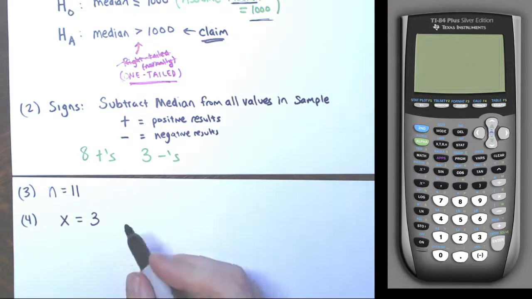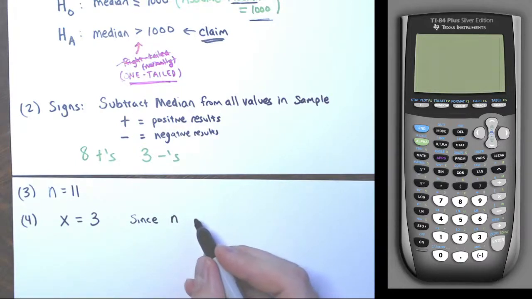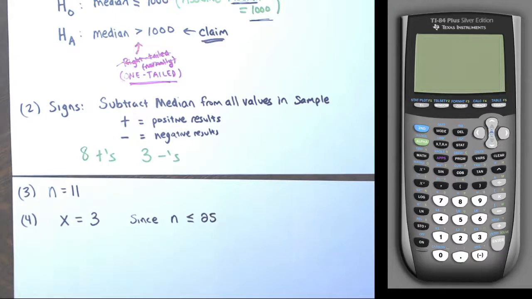And since n is less than or equal to 25, I can actually find a critical value on that chart, the critical values for the sign test. So the test statistic is x equals 3.